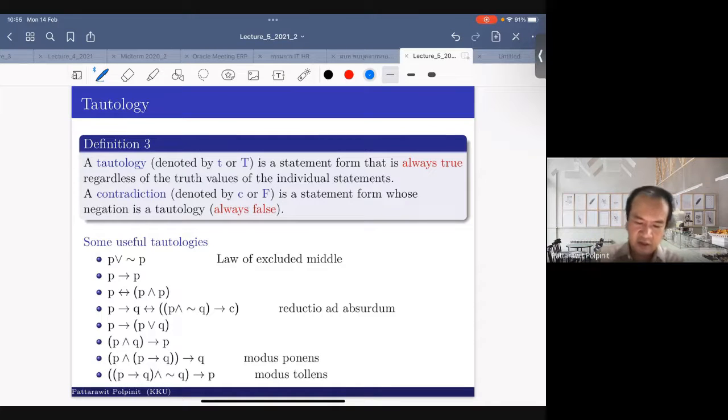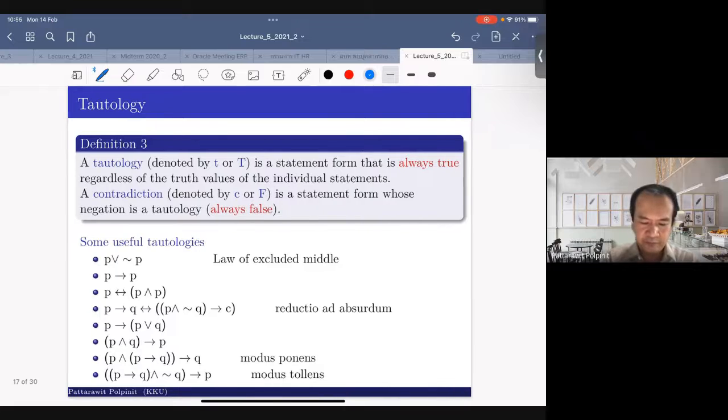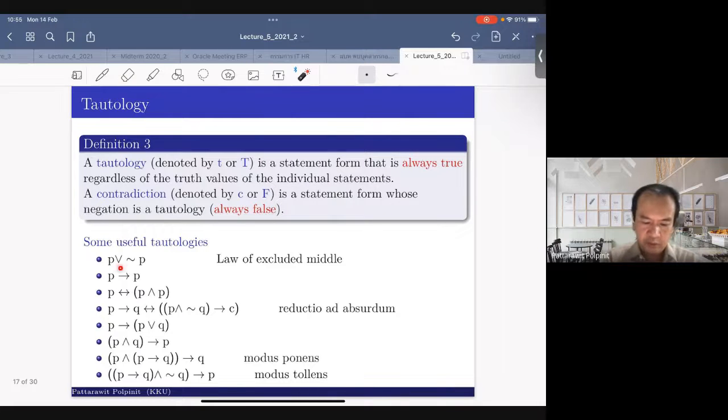Some examples of tautology are, for example, P or negation of P, right? That is always true. P implies P. That is always true. P if and only if P. I'm not going to go through all of these, but all of these are basically tautologies.